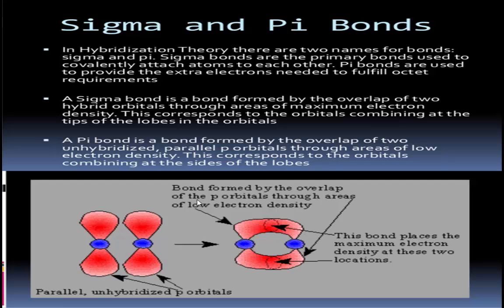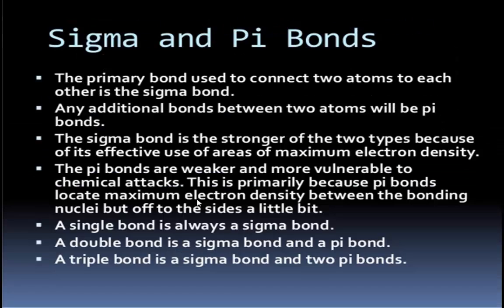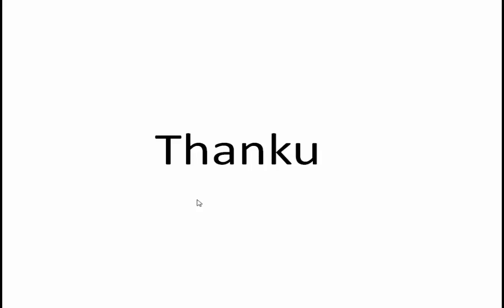If a triple bond is present between the carbon atoms, count 1 sigma and 2 pi bonds. Next, the sigma bond is formed due to the axial overlapping of atomic orbitals, and the pi bond is formed due to the sideways overlapping of atomic orbitals. Okay, thank you, students.